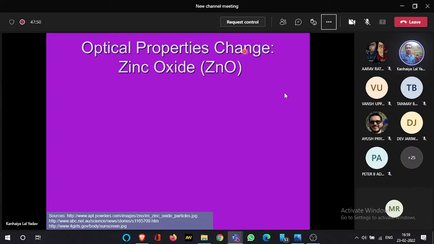Take the optical properties of zinc oxide. This is sunscreen lotion applied here. A few years back, you might have seen some cricket players using this on the face. Those were not to scare the batsman, but just like a sunscreen, because they play in the day and there is UV light falling on them.